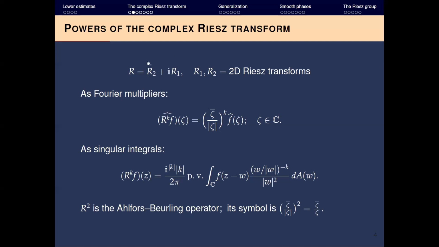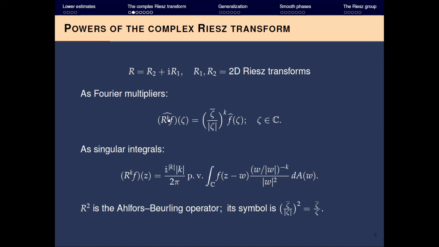For some reason, this is actually the natural definition, even though you can, of course, maybe permute the two or consider some other normalizations. If you define it this way, then it is actually a very nice Fourier multiplier whose symbol is simply z bar over the absolute value of z, or you can call it zeta bar over the absolute value of zeta.